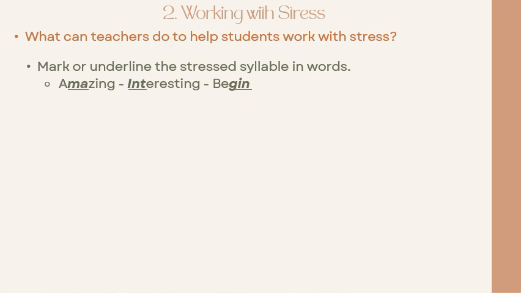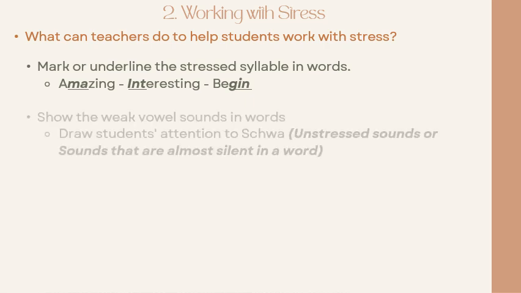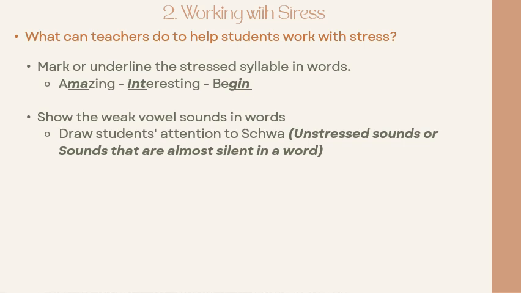Or another way is to show them the weak vowel sounds in words. We can start by drawing their attention to what we call schwa, which means unstressed sounds or sounds that are almost unheard or silent in a word. So let's explore some examples to see what we really mean by silent sounds.